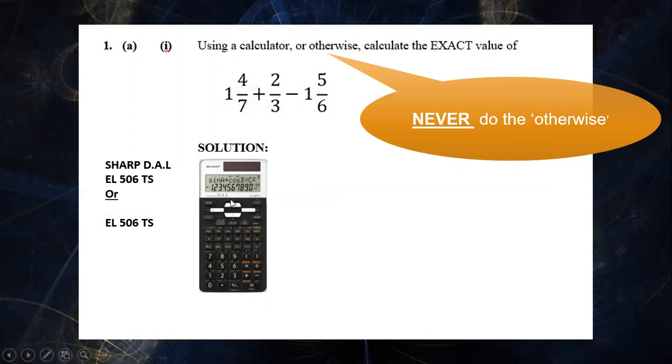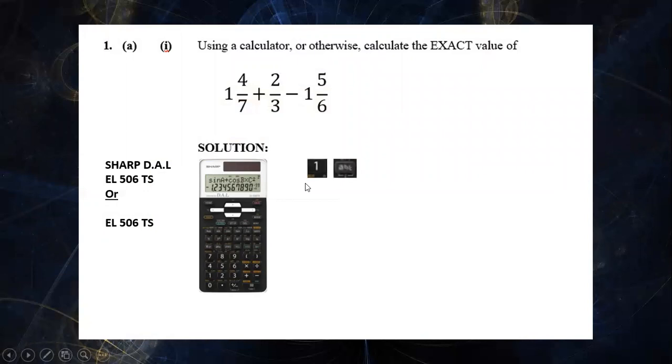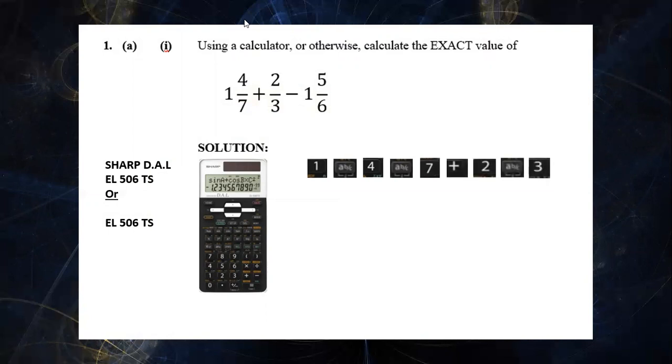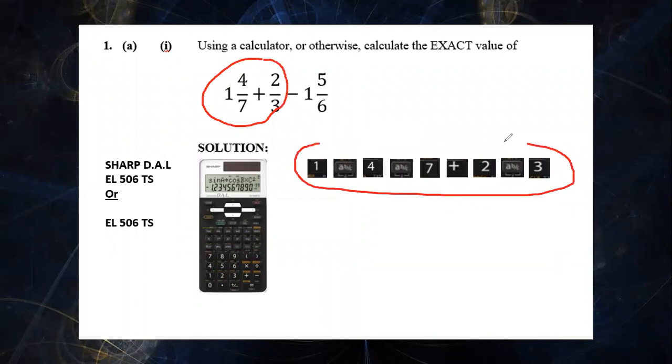Enter this exactly as we see it: 1 ABC 4 ABC 7 plus 2 ABC 3, where these two fractions are represented by this command line. ABC is the fraction button that tells the calculator it's dealing with a fraction, and it's somewhere around here on the calculator.